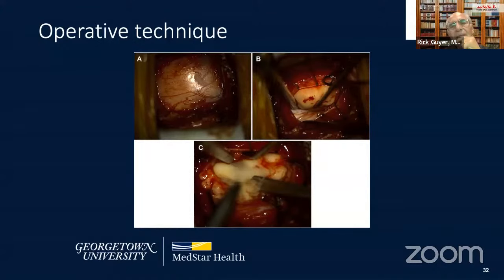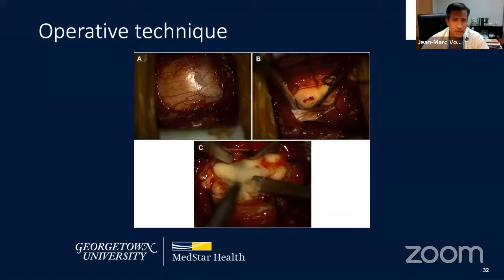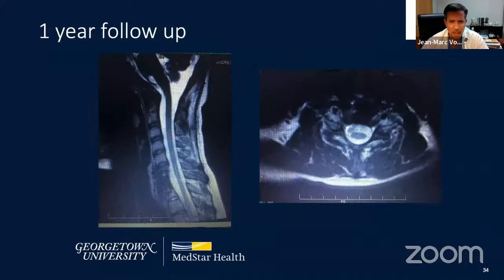Right. And how long does it take for the cord to re-expand after being so compressed? I can't recall. We did this a few years ago now, but I think we got an MRI immediately post-op. I think this one was at 1 year, but it re-expands pretty quickly. Yeah, and thankfully he recovered neurologically completely.